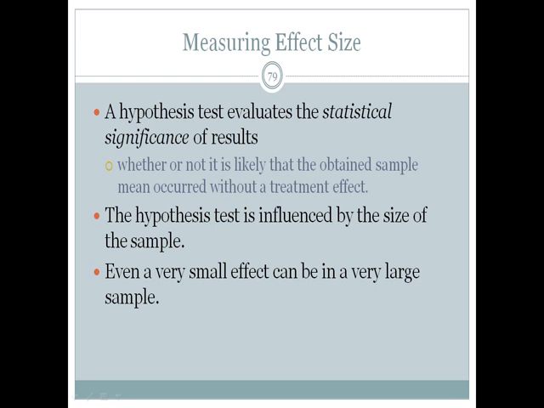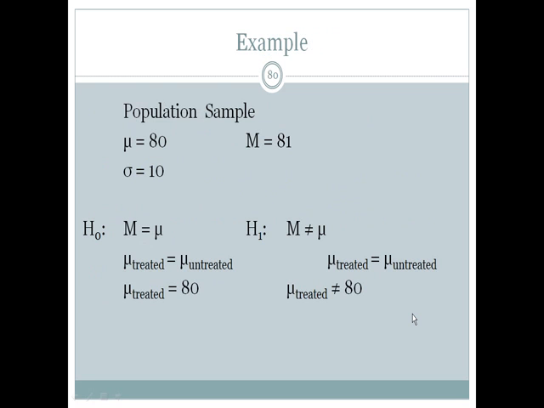So how can we test the size of a treatment effect? Let's look at an example of this. If we have a population with characteristics listed above, our null and alternative are listed here. Our treatment effect could be equal to or not equal to zero. Let's say after the treatment, we find that the sample mean is 81.